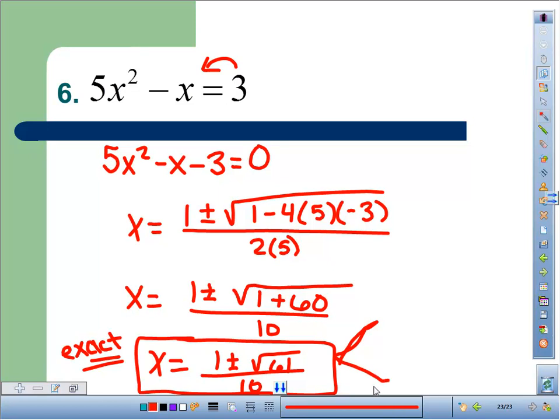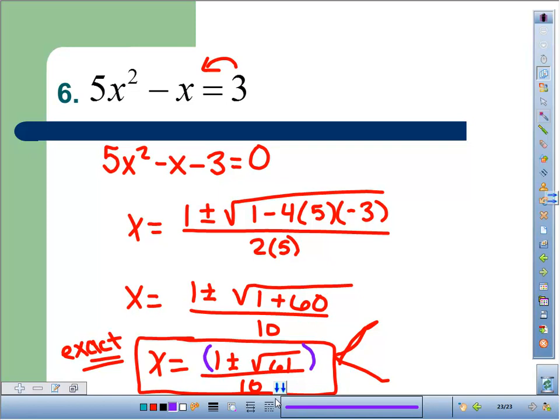Let's use our calculators. Everybody got them out? Now, I'm going to teach you something here that will help. We're going to put the numerator in parentheses.